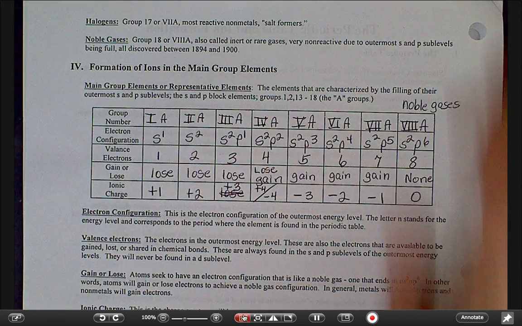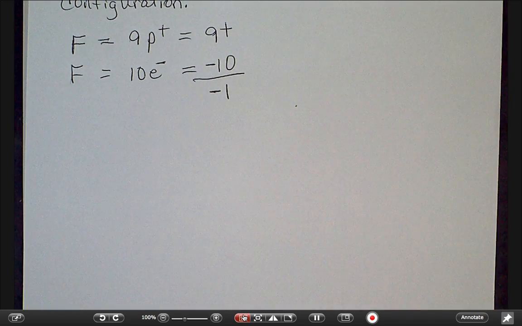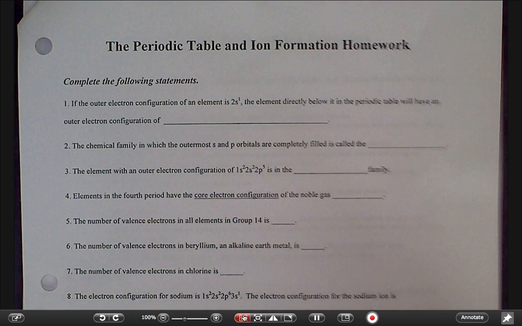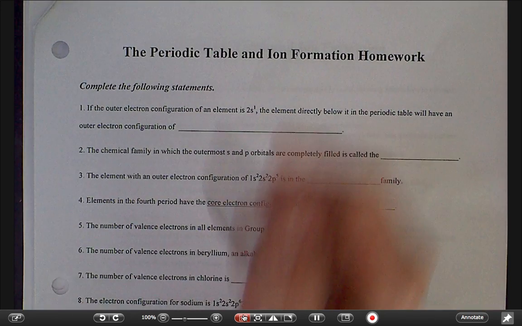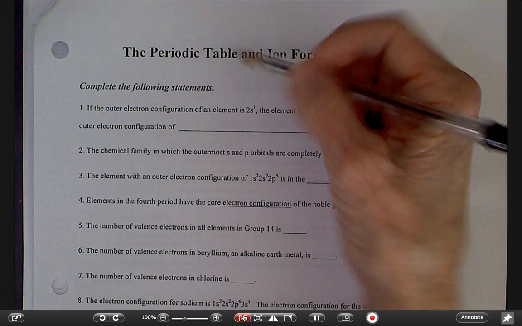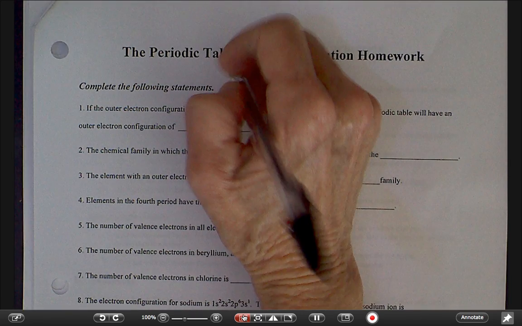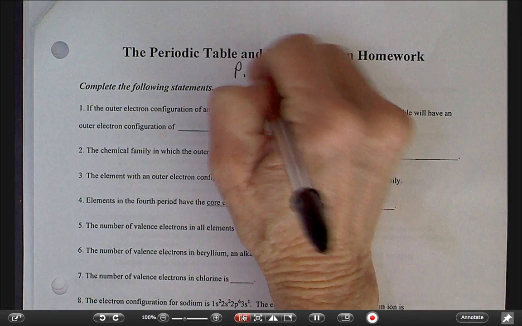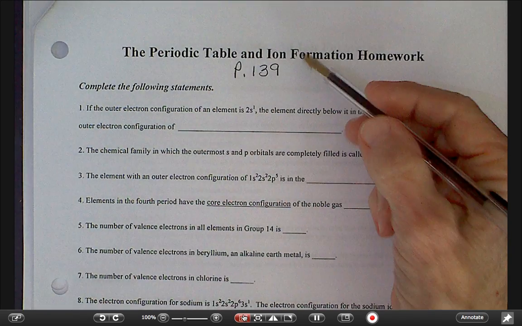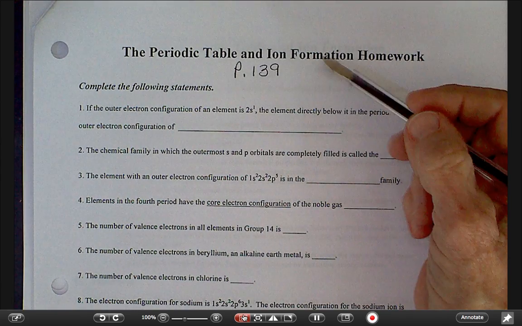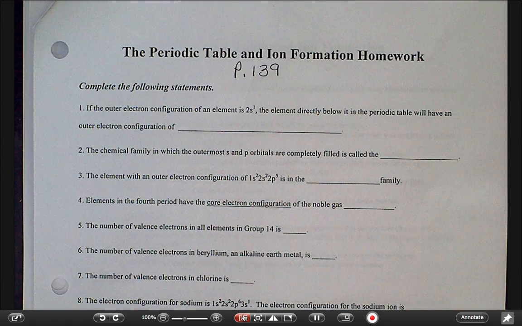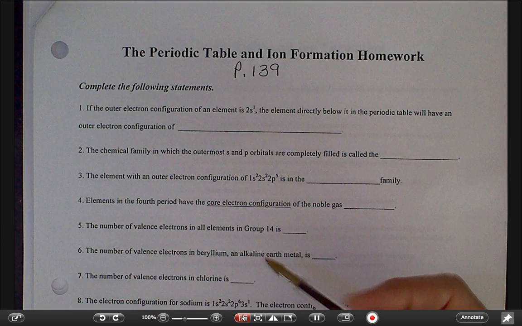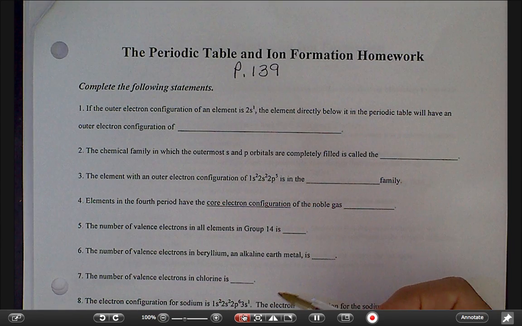On the next page, this assignment you're going to complete using the periodic table on page 139 will be a great help. You also have the periodic table that you colored and named all of your groups and stuff like that.